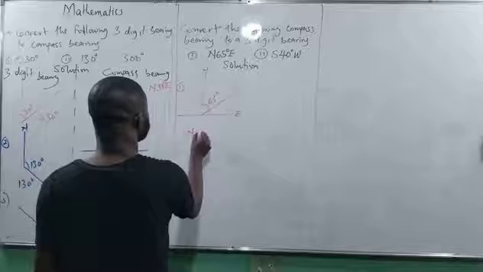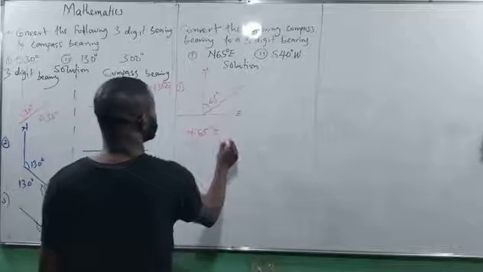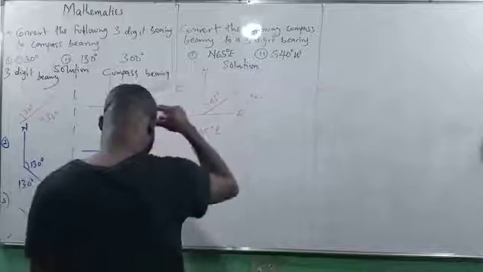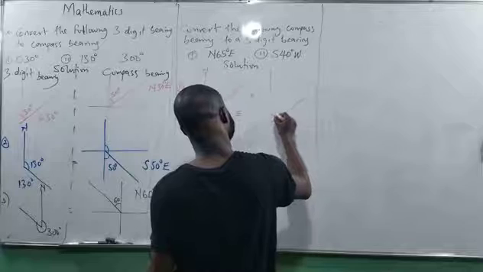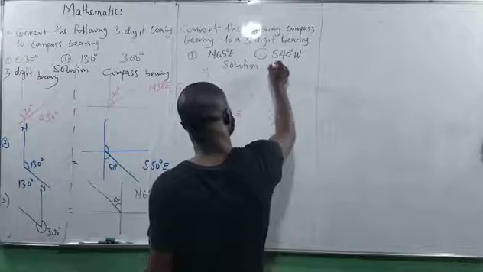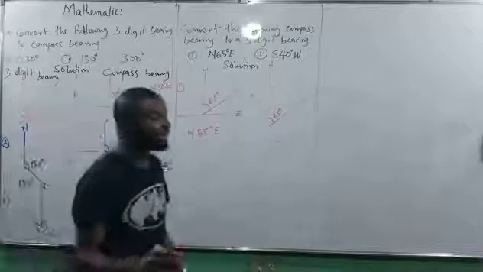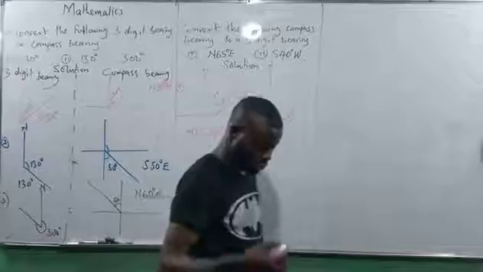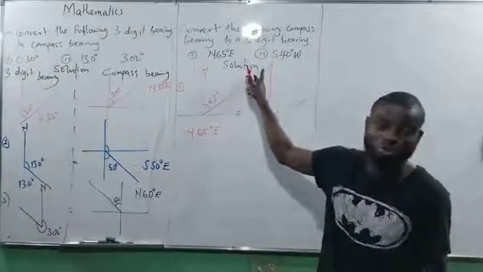North of 65 degree east. Now, in terms of compass bearing, it will be like this and this, 65 degree. Now, north. At compass, at 3 digit bearing, the north is very important because you are telling whosoever that is marking your book that you are starting from north.